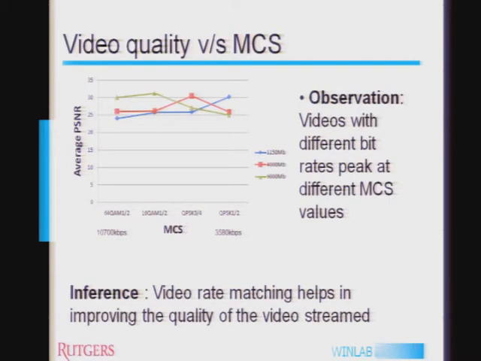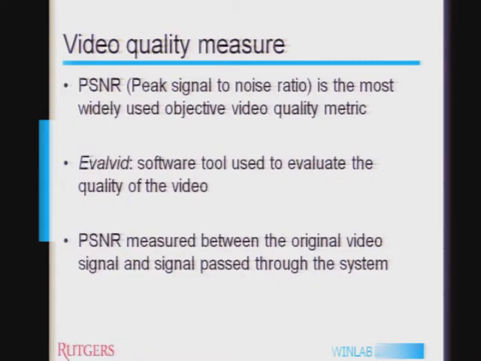So basically the observation in this experiment is that along the same path that I mentioned, this is just to prove that if you had a constant bitrate video being streamed, when the client moves to a bad channel region, the quality of the average PSNR drops. I don't think I explained this slide.